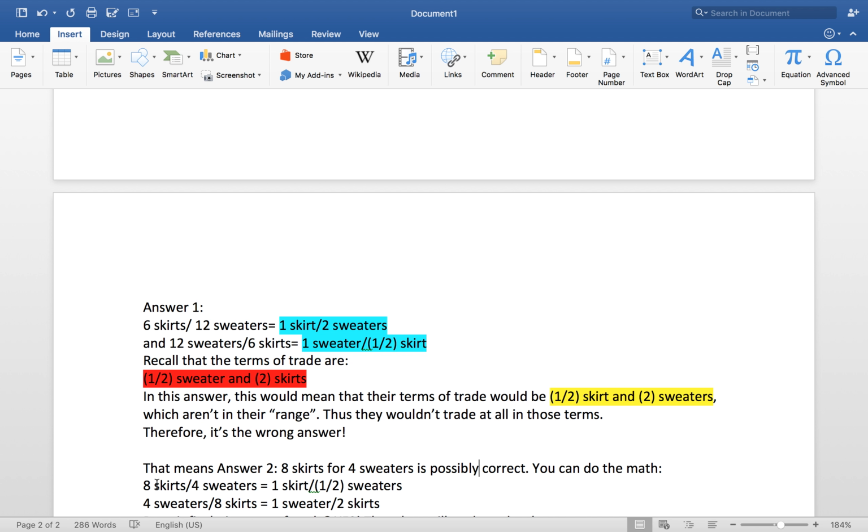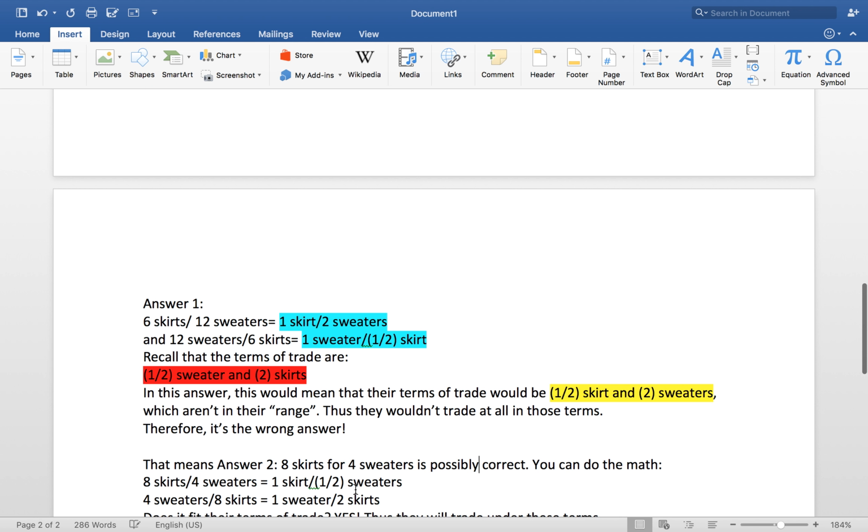And again, remember to always put the good that you're concentrating on top. Right now we want to figure out the opportunity cost of a skirt, therefore it's on the top. And also we have to make it a ratio. We have to make the numerator 1. So 8 divided by 8 gives us 1, and 4 divided by 8 gives us half. So 1 skirt, half a sweater given off.